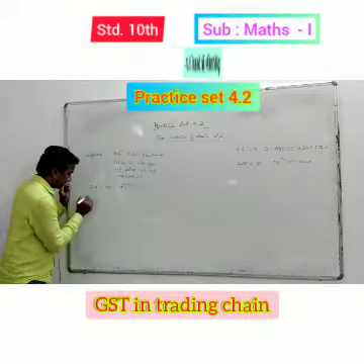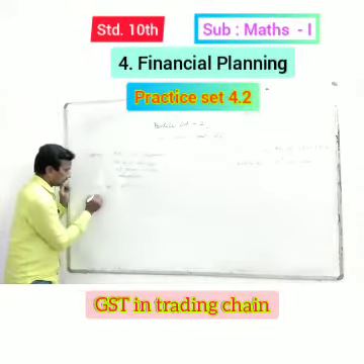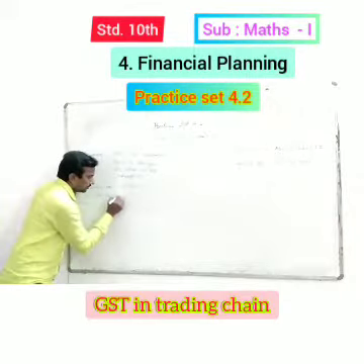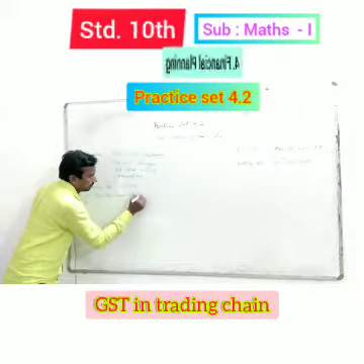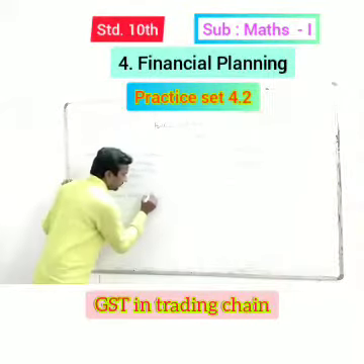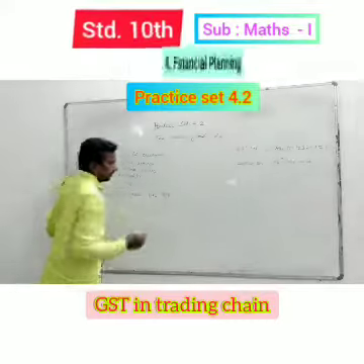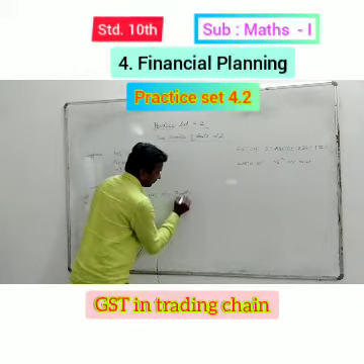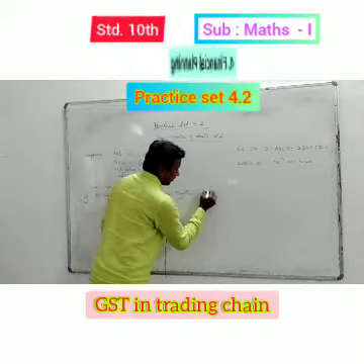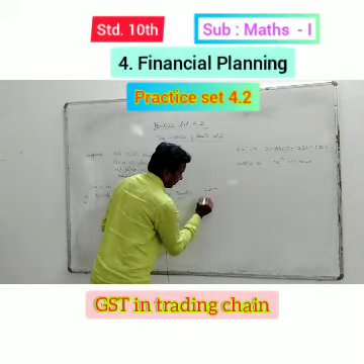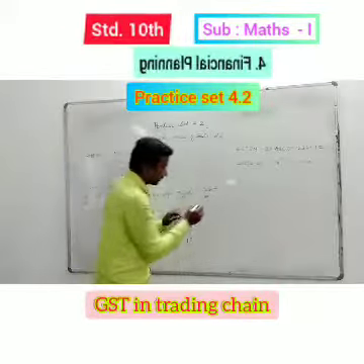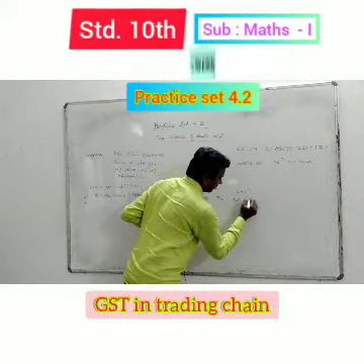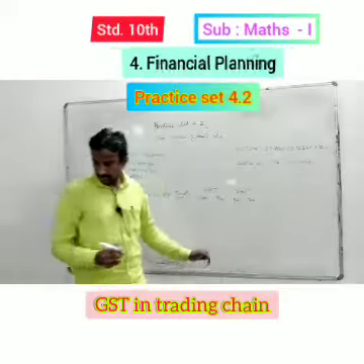Now make a receipt with serial number, then HSN code, name of the product, then rate, quantity, first taxable amount, CGST, in that rate and tax, then SGST, again rate and tax, in total.